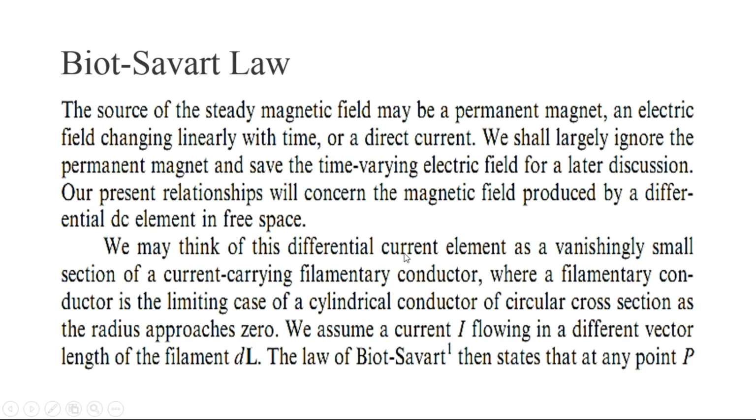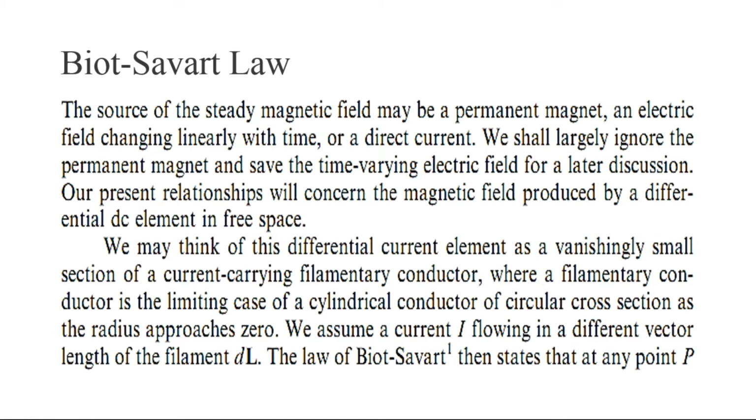We may think of this differential current element as a vanishingly small section of a current carrying filamentary conductor, where a filamentary conductor is the limiting case of a cylindrical conductor of circular cross section as the radius approaches 0. We assume a current I flowing in a differential vector length of the filament dl.